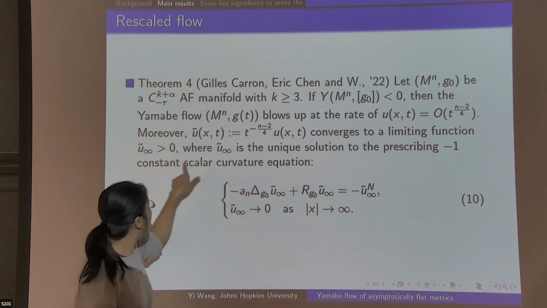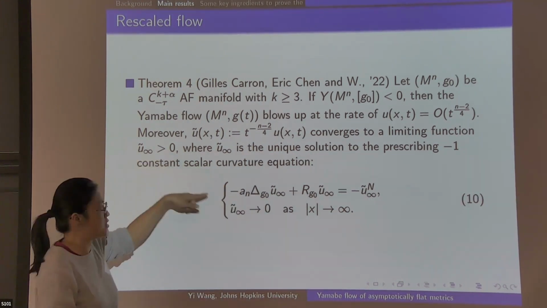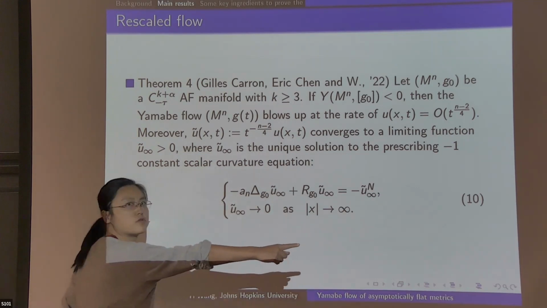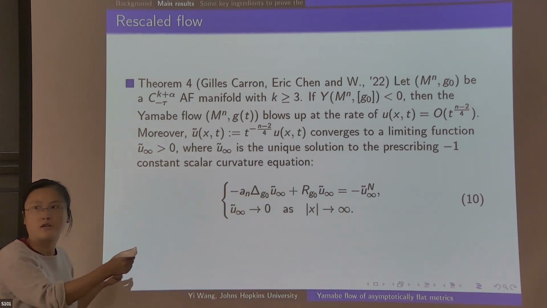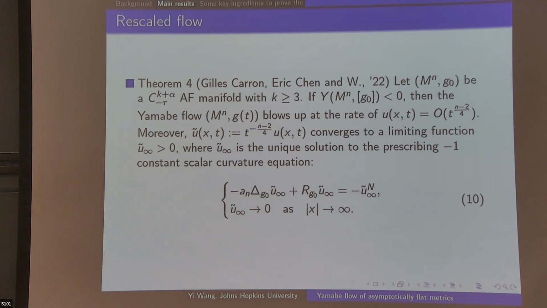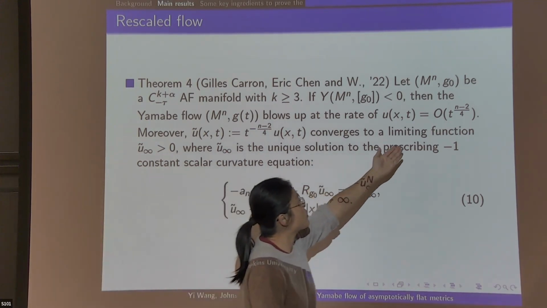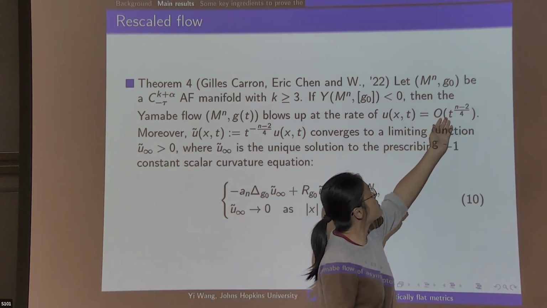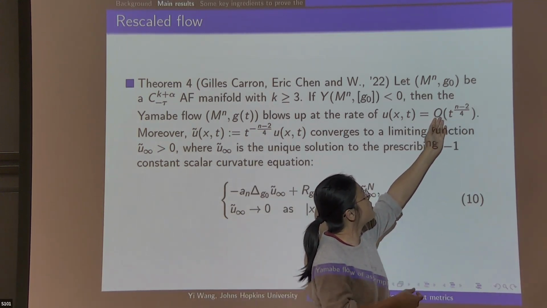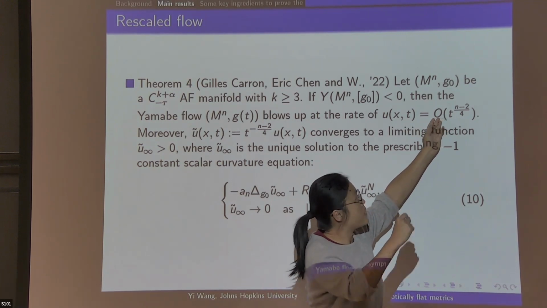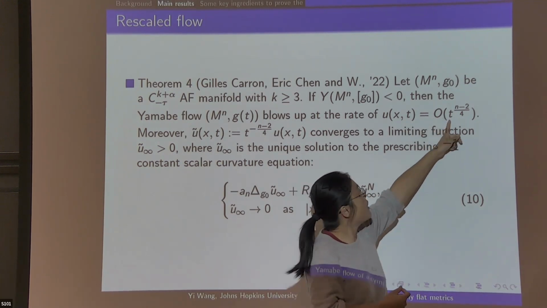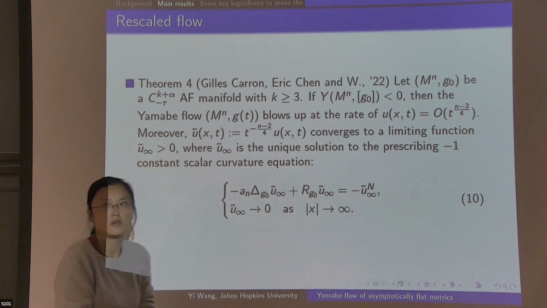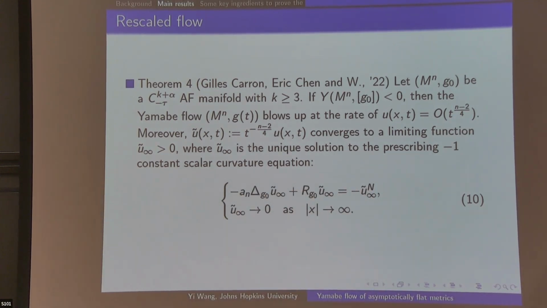This limit is always positive at any finite point, except that at infinity it tends to zero. So you basically have very uniform control of what happens here. So this is a function that is everywhere positive and tends to zero, times t to the (n minus 2)/4. We have a good blow-up profile.